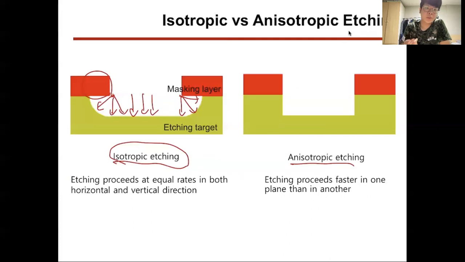In isotropic etching the etch rate in all directions is the same, but in anisotropic the vertical etch rate is much higher than the lateral one.